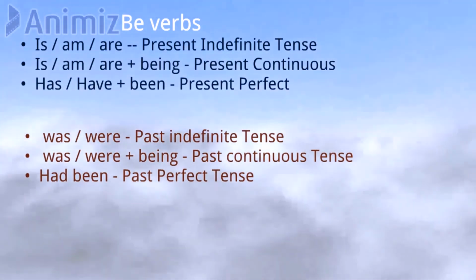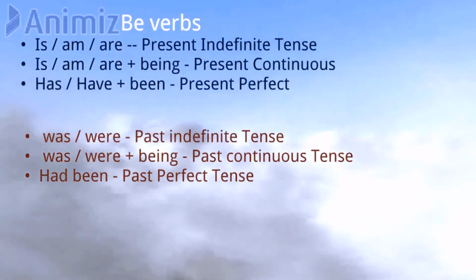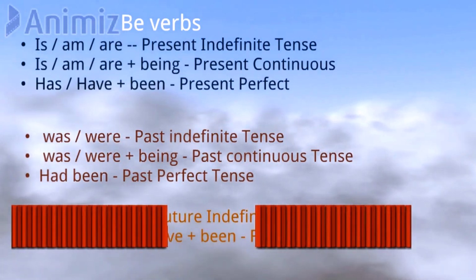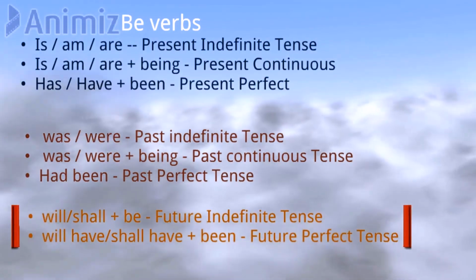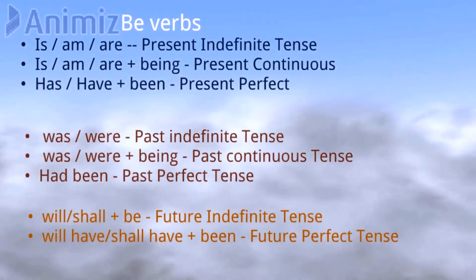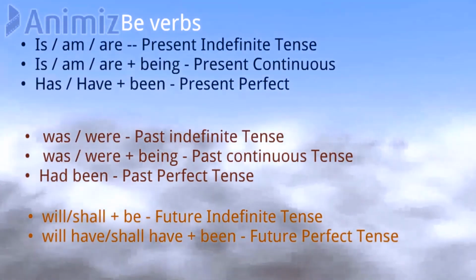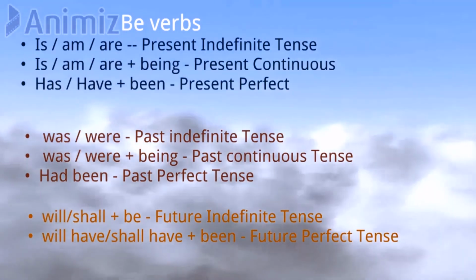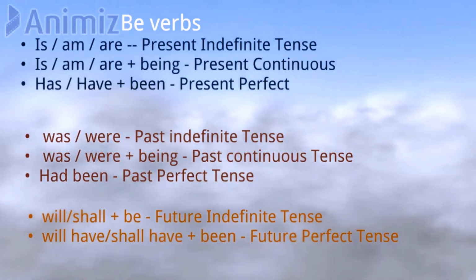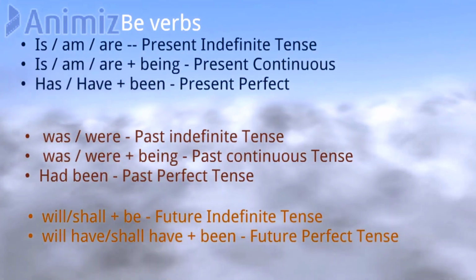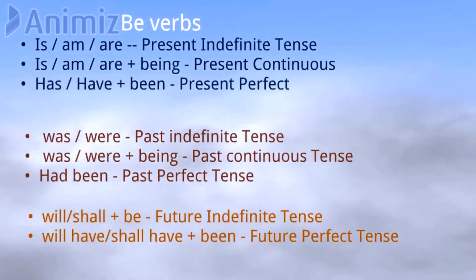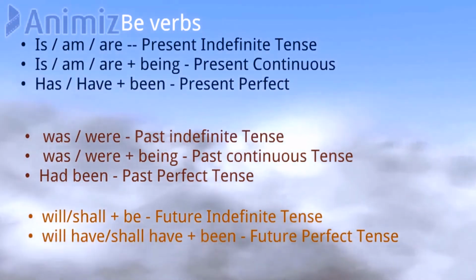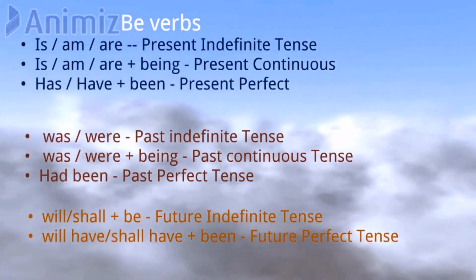Same way in future tense. In simple future, along with will, shall, what will be added? Be will be added with that. And in case of future perfect tense, will have or shall have will already be there. With that, you have to use been.